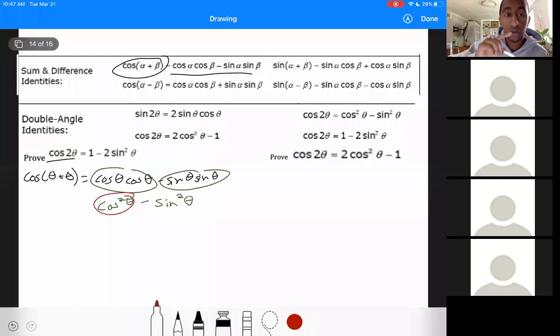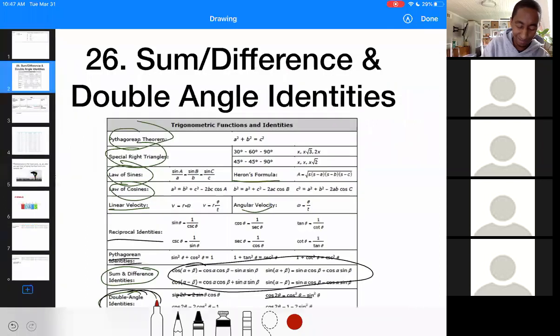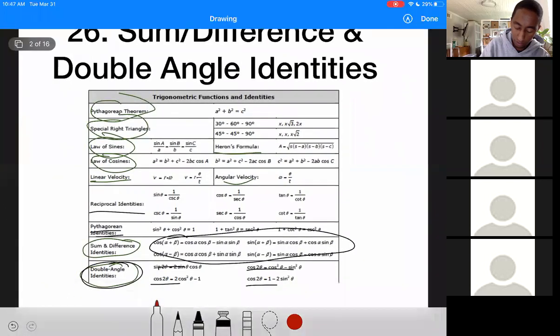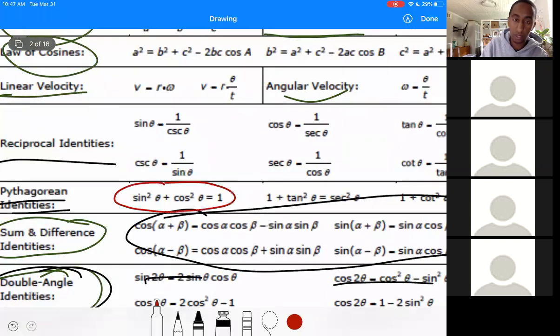So you can switch cosine squared of theta to 1 minus sine squared of theta, you said? Yeah. Very good. That is that other identity, and this is where you have to be able to see the patterns, right? It's one of the first trig identities that we talked about. Very good, Carla. You got a virtual ticket. Right here. Sine squared of theta plus cosine squared of theta is equal to 1, right?